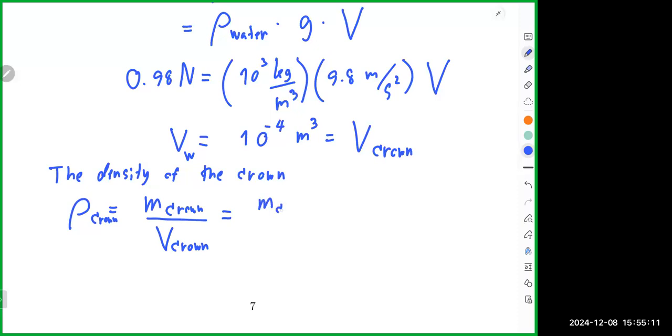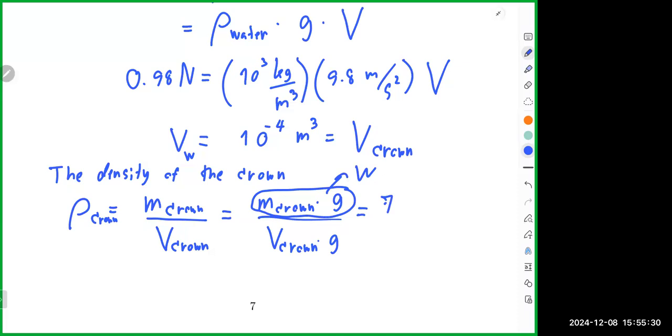The mass is the weight of the crown divided by g, right? The weight of the crown is 7.84 Newton, the volume of the crown is 10 to the minus 4, and g is 9.8.